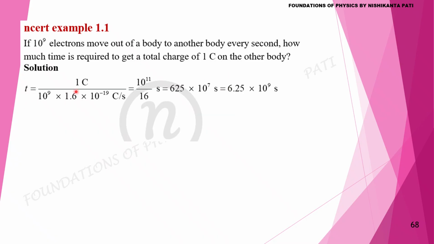So the required time is 1 coulomb by 10 to the power 9 into the electron charge. Actually, this much coulomb of charge is transferred in 1 second. Total 1 coulomb we need, so that is why t is coming 1 coulomb by this much.